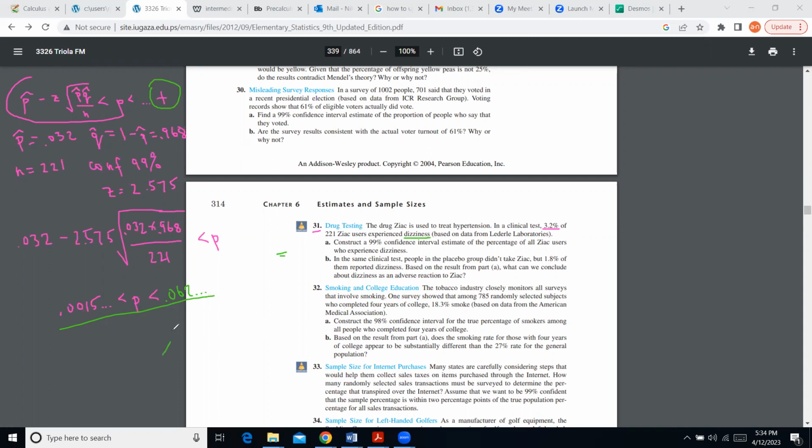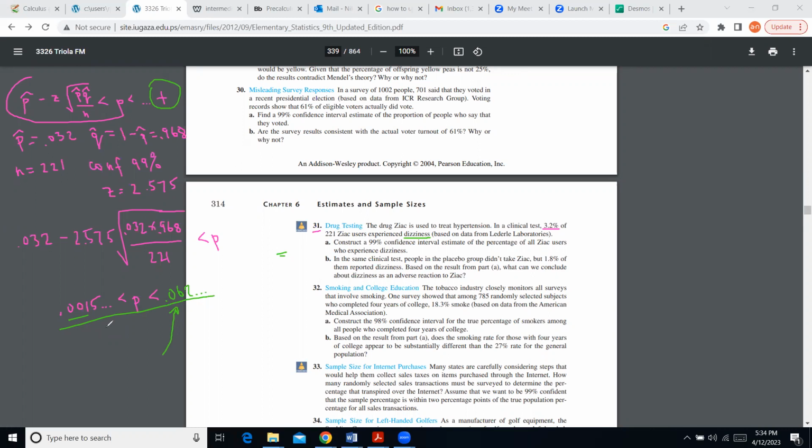So it turns out about 6%, the worst case scenario, maybe less, maybe pretty much 0%, that's the left end, but we'll always go with the worst case scenario, and that's actually the largest percentage of people that experience dizziness.